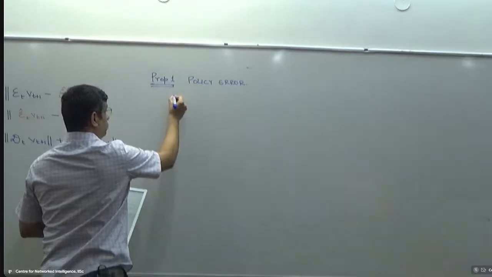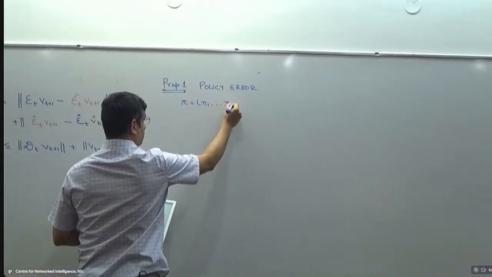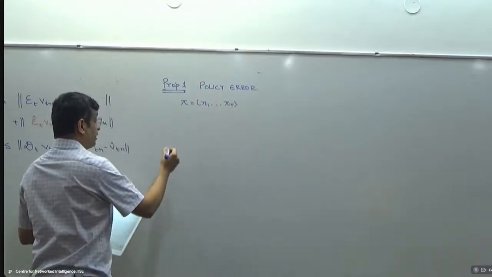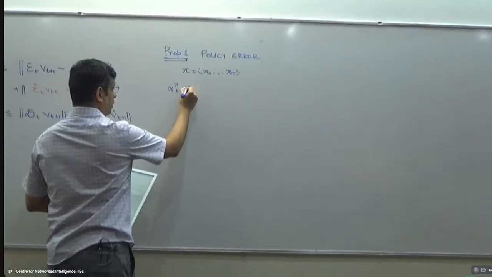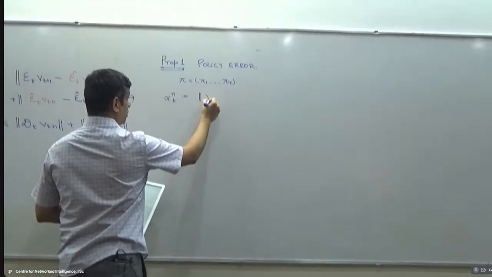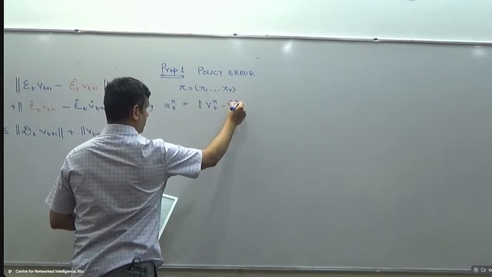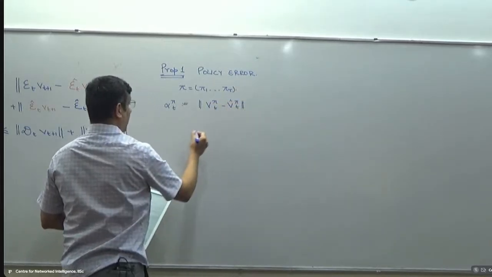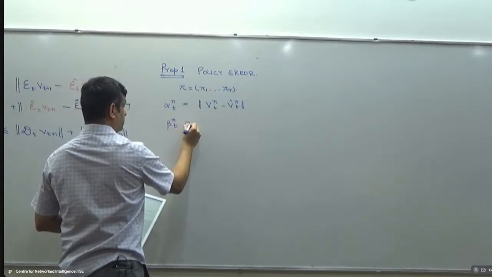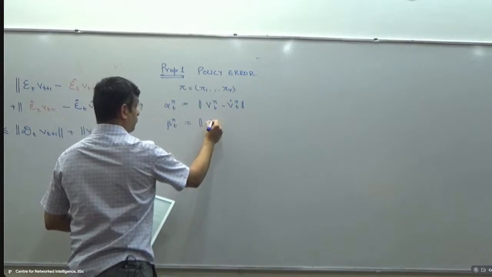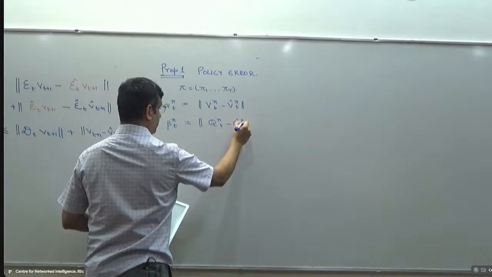I'm going to assume there is a fixed policy pi 1 to pi T, and I'll define quantities alpha pi t to be the sup norm of v pi t minus v hat pi t, and I'll define beta pi t to be the sup norm of q pi t minus q hat pi t. Okay.